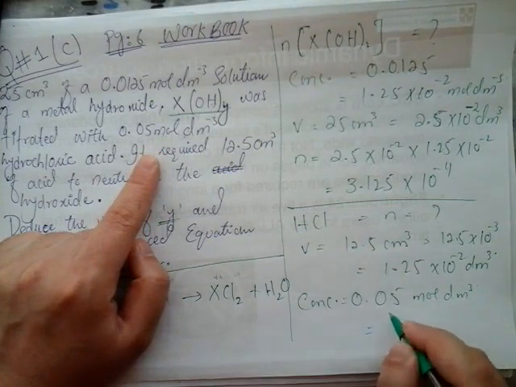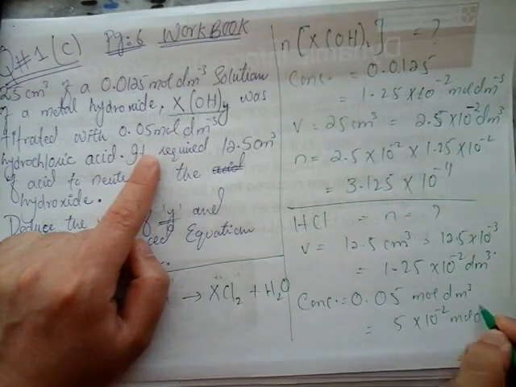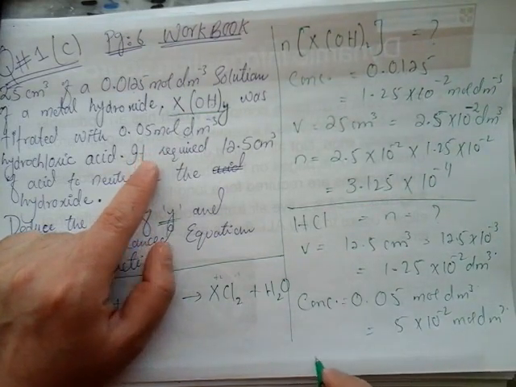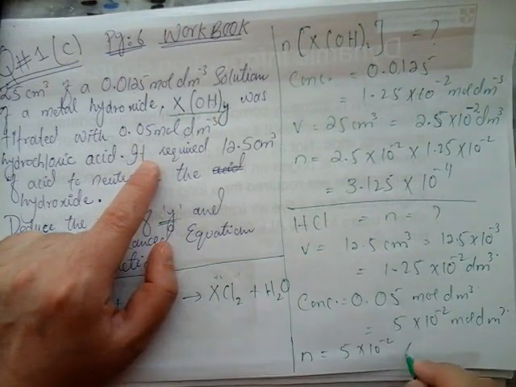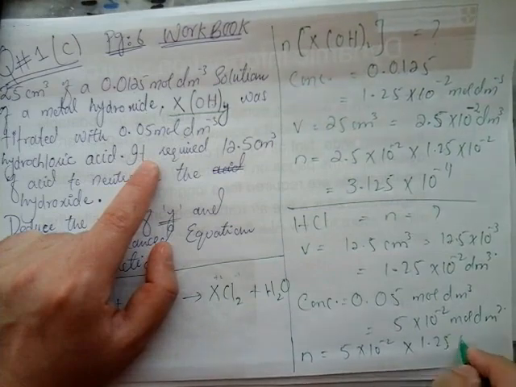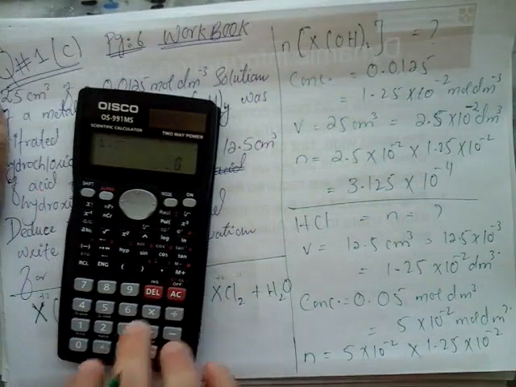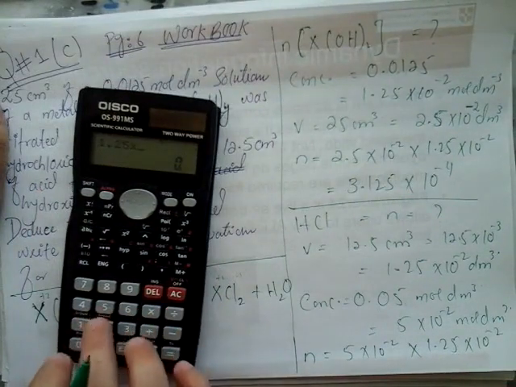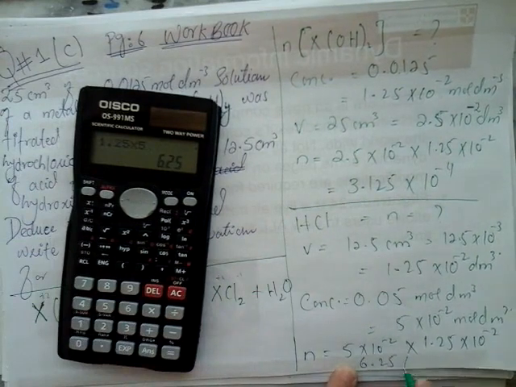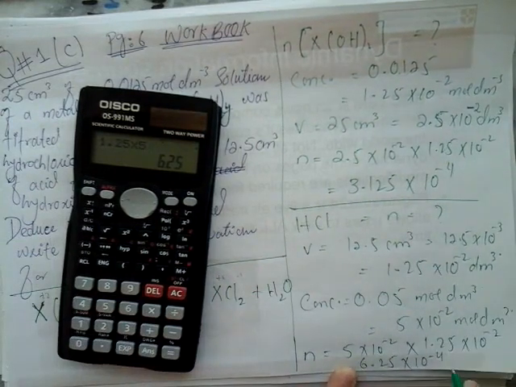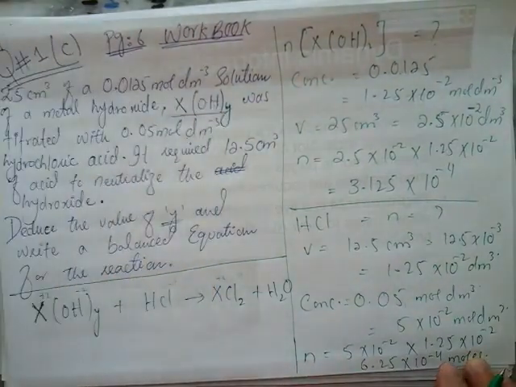I can also write this 5 into 10 raised to power minus 2 mole per decimeter cube. So the moles come out to be 5 into 10 raised to power minus 2 multiplied by volume 1.25 into 10 raised to power minus 2. So 1.25 multiplied by 5, 6.25 into 10 raised to power minus 4 moles. Is that clear? So these are the moles of the hydrochloric acid.